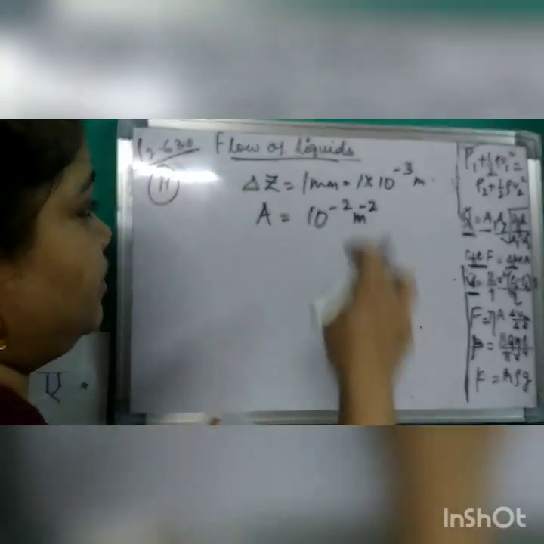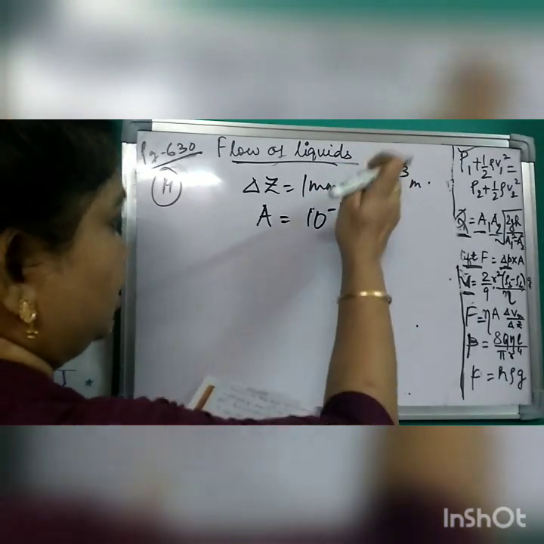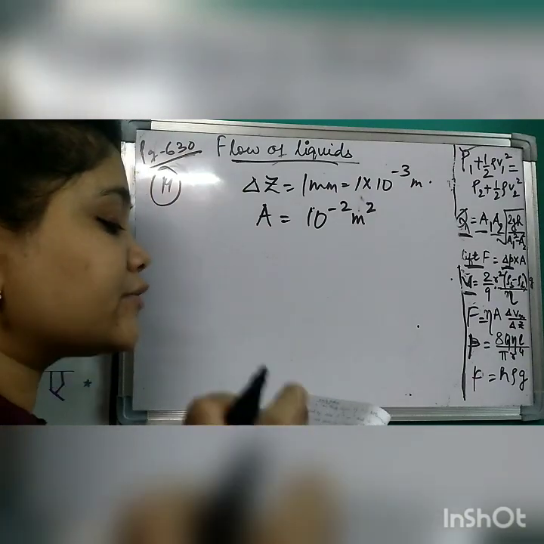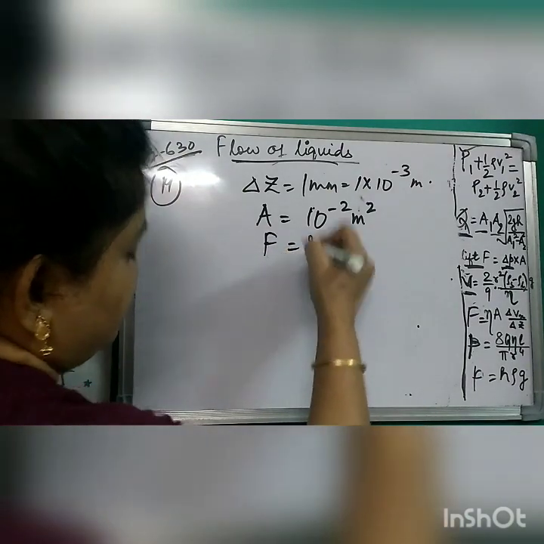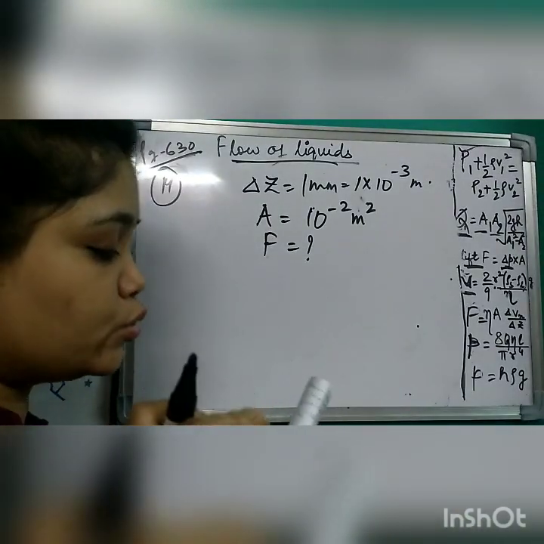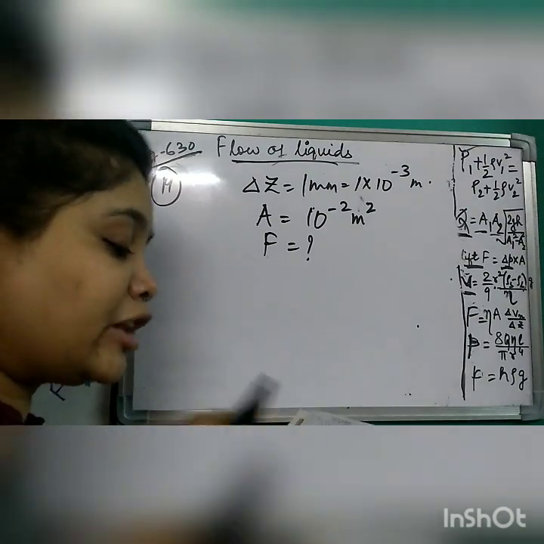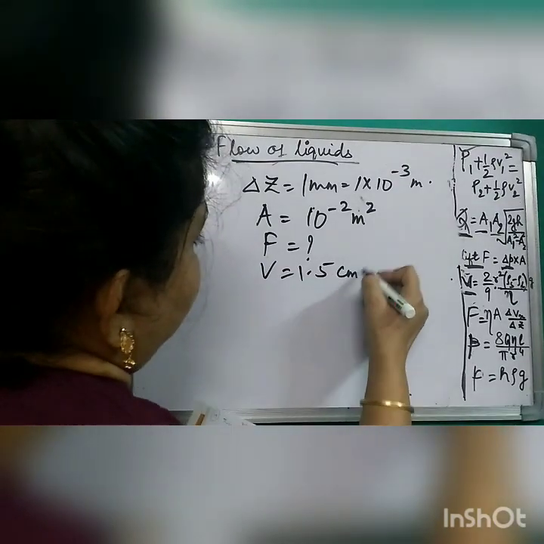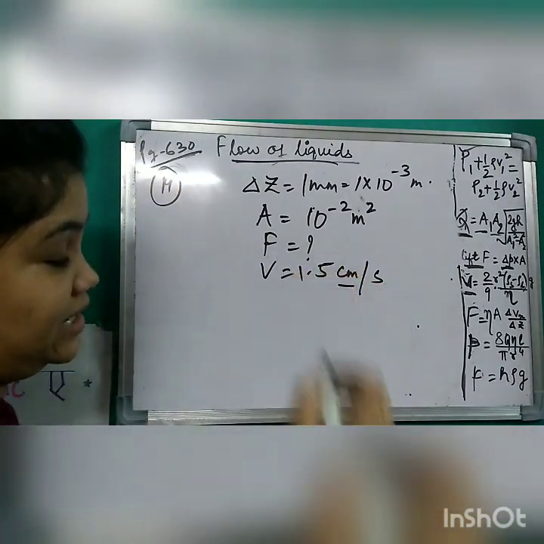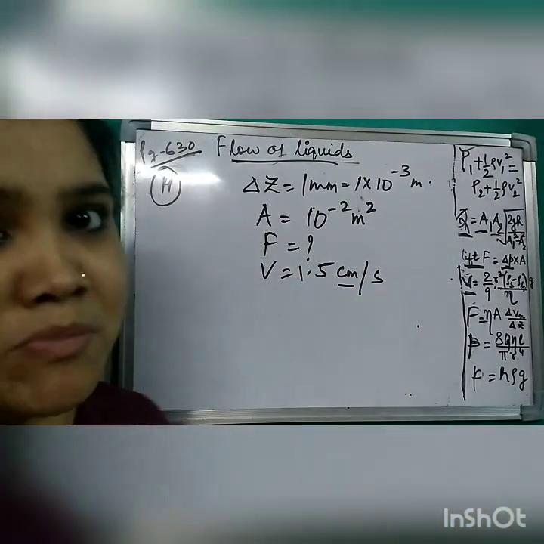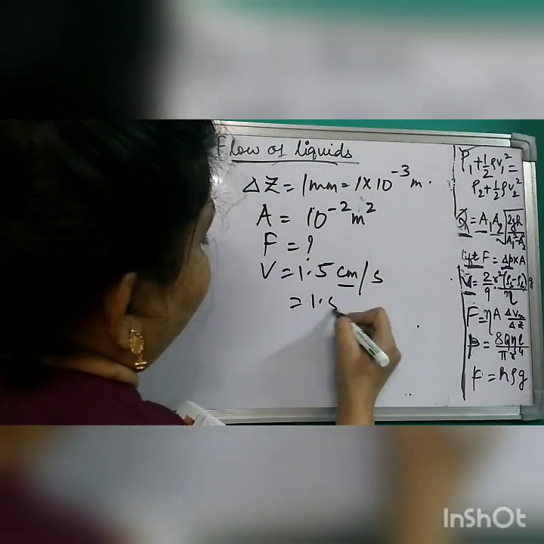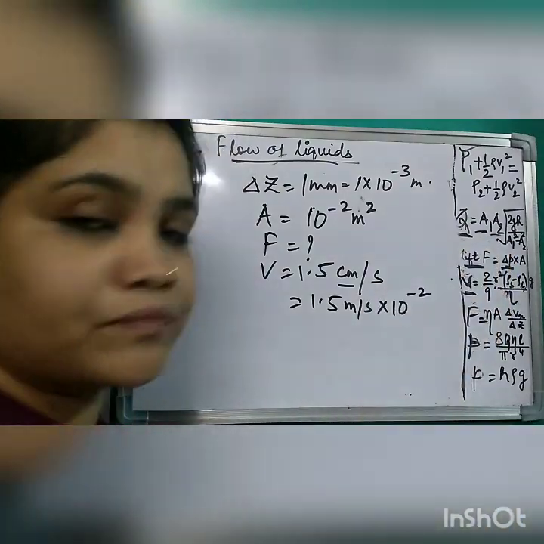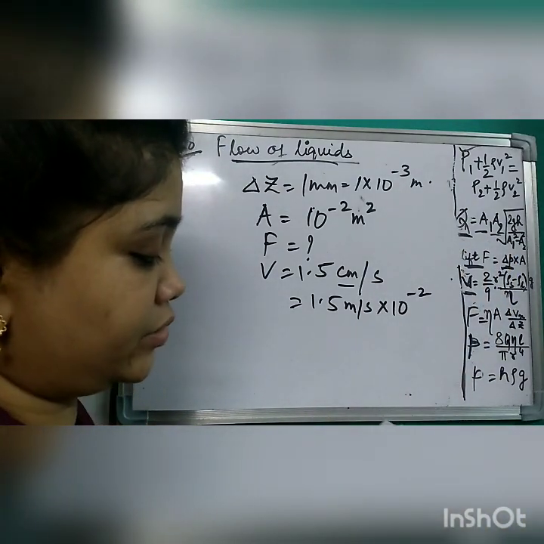And how much force F we have to find out is required to move the plate with a velocity V, given as 1.5 centimeter per second. Now centimeter is given, so first we have to convert into meter. That means 1.5 into 10 to the power of minus 2 meter per second.